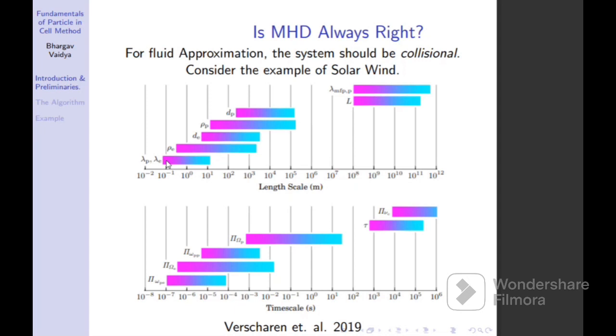But let's say you put a test charge in this. If it's a positive charge, it will attract all the negative electrons towards itself and form a shield around itself. So its electric field: if I put it in free space, how does the electric field of a unit charge go with radius?